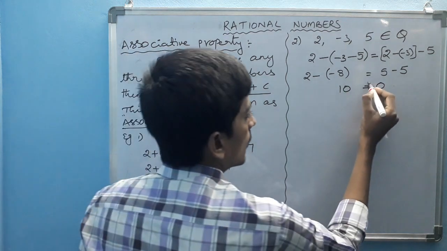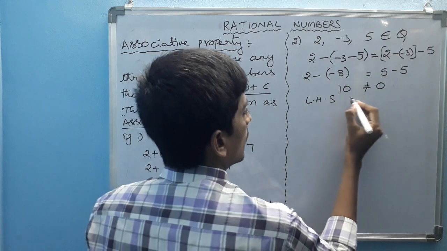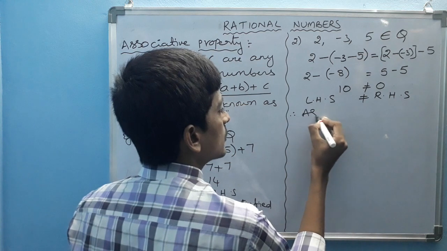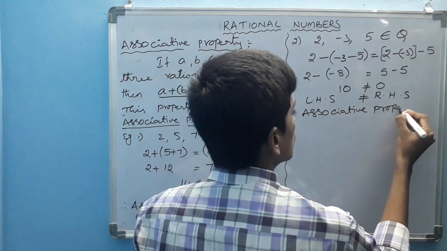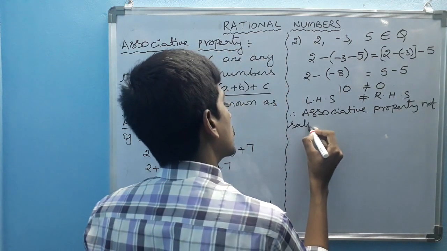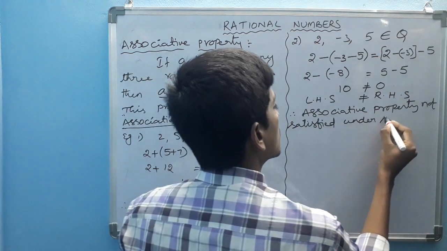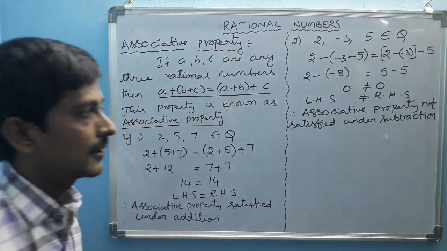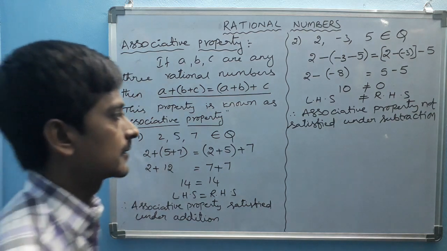No. So 10 is not equal to 0. LHS is not equal to RHS. Therefore, associative property is not satisfied under subtraction.